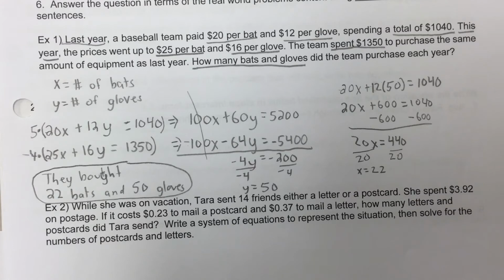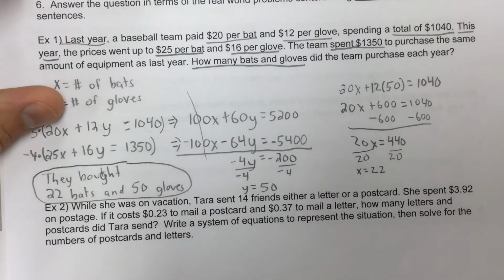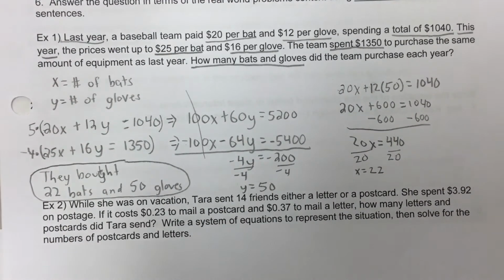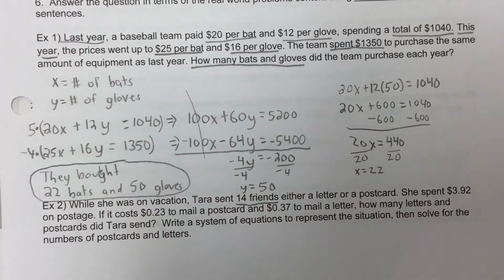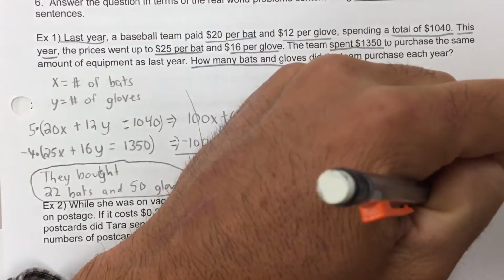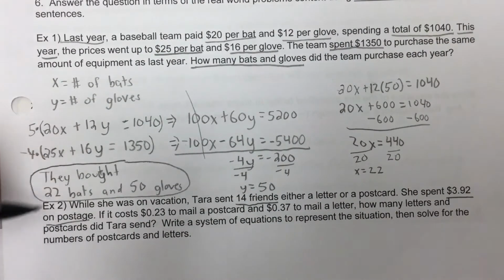All right, try doing example 2, writing the equations first. We will define our variables together. So it says, while she was on vacation, Tara sent 14 letters to 14 friends, either a letter or a postcard. So 14 friends, I'm underlining. She spent $3.92 on postage.